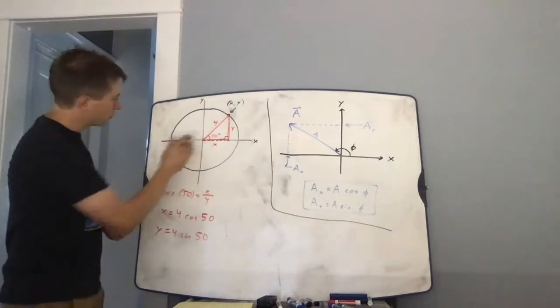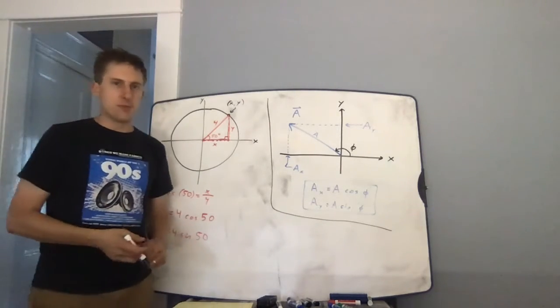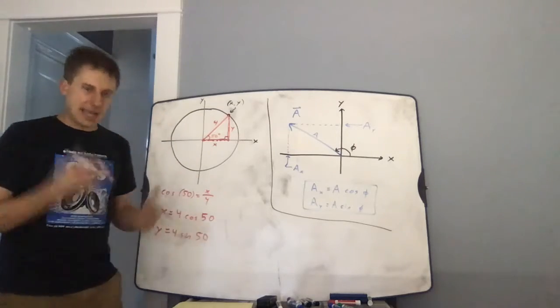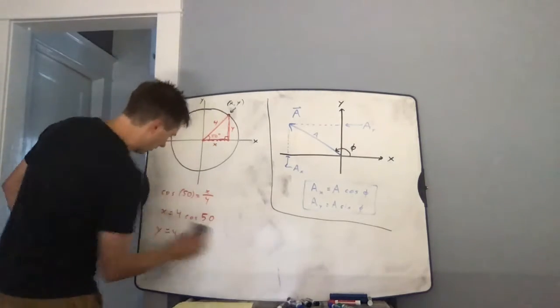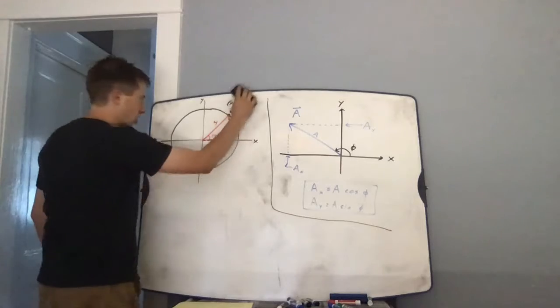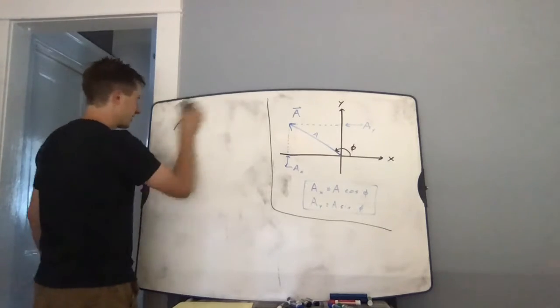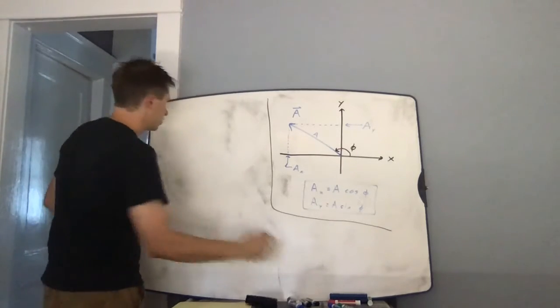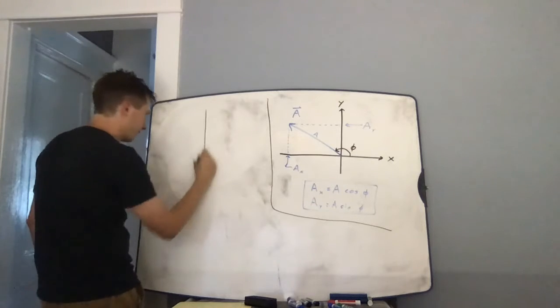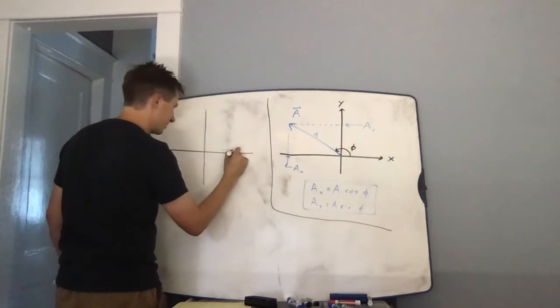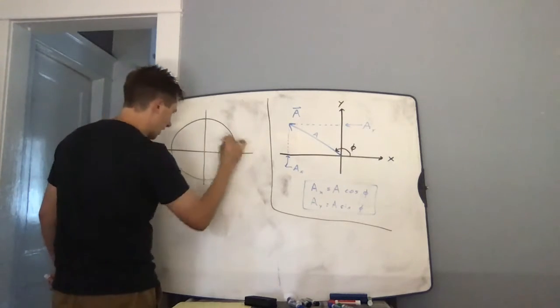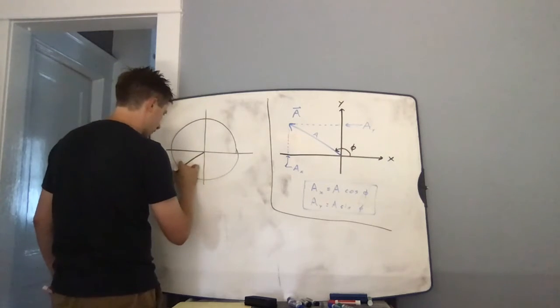And this will hold true for any circle. We can make the circle bigger or smaller. And so if I take a circle of just any radius in general, I'll call it a circle of radius r. So here is my circle of radius r. r could be any number at all. Here's a circle of radius r.